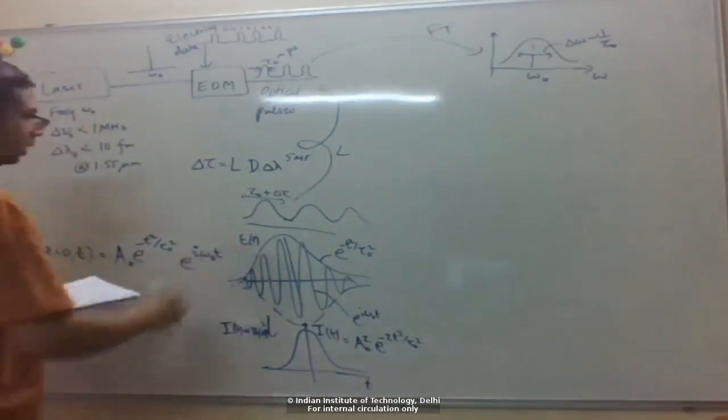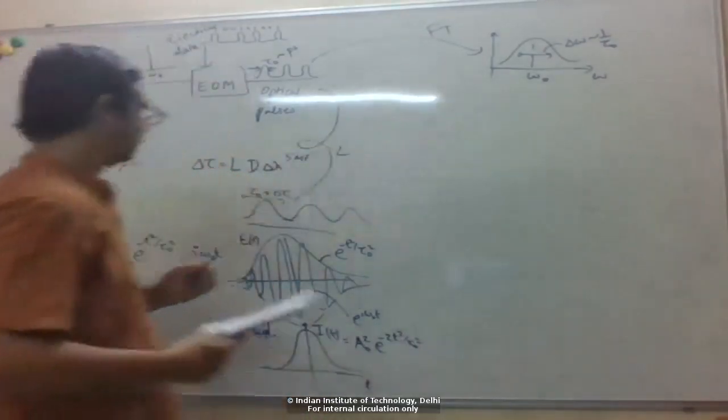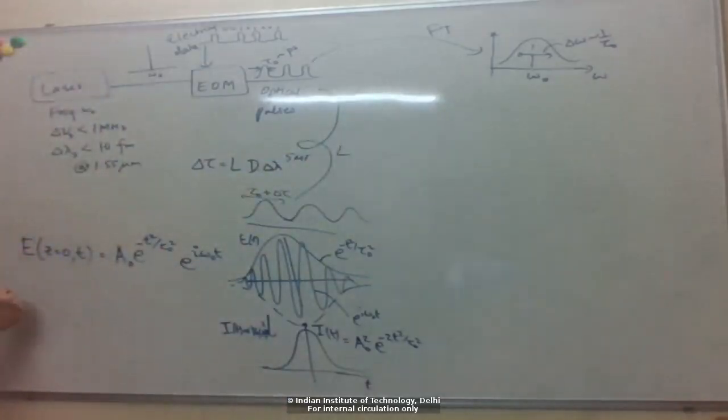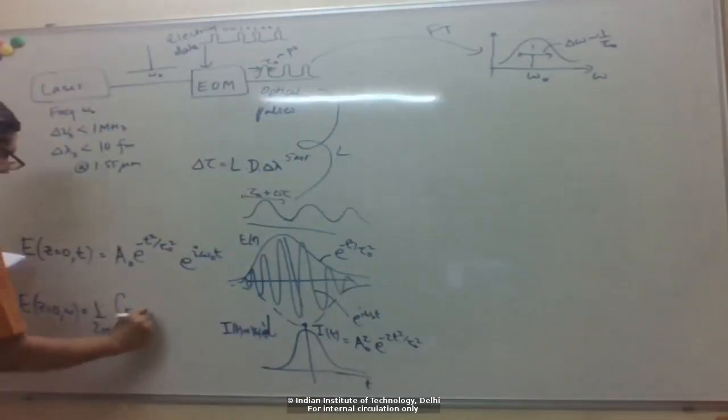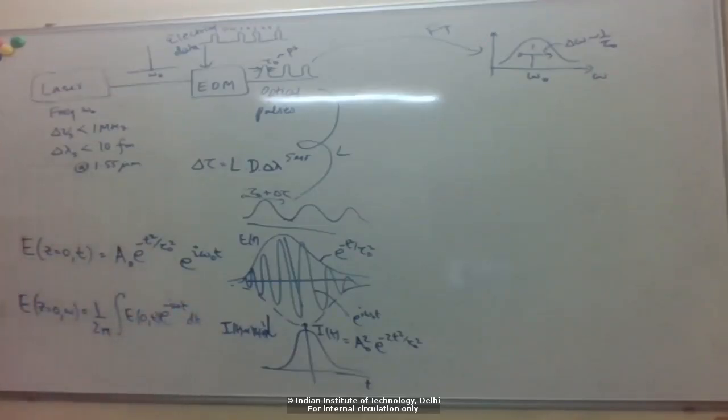Now this kind of pulse will have some spectrum, so you can find the spectrum at the input by taking the Fourier transform.